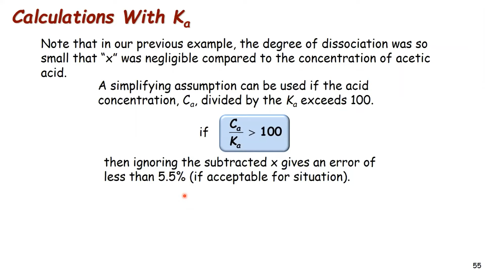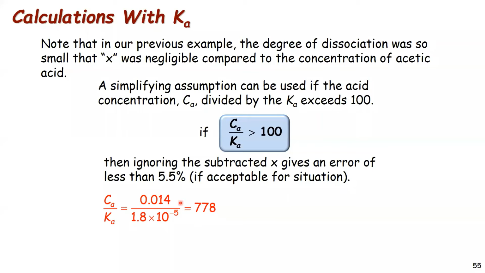And with the acids, we're going to find out that that isn't so bad because the acids will fluctuate quite a bit anyway. So in the case of our acetic acid, we had a concentration of 0.014 and the Ka value was 1.8 times 10 to the negative 5. So that ratio is going to equal 7.78.